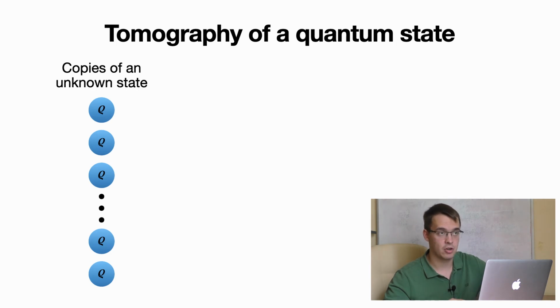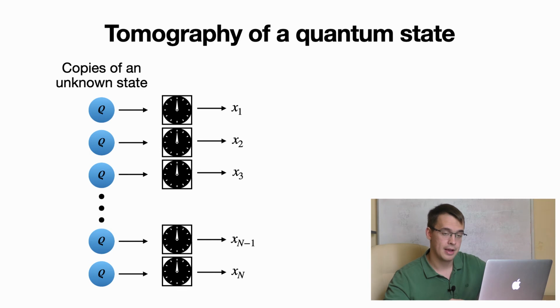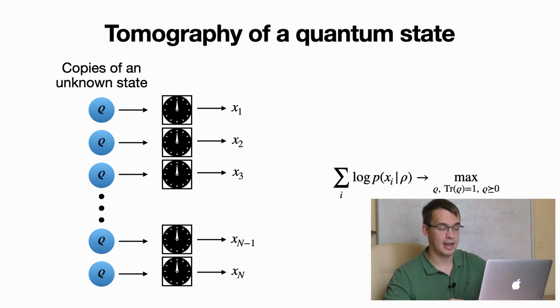We can prepare several copies of an unknown quantum state, then pass these copies through a measurement device and end up with results of measurements. Then we can use these results of measurements to reconstruct the unknown quantum state. For example, we can maximize logarithmic likelihood with respect to unknown density matrix. And unknown density matrix has standard constraints that can be satisfied by Riemannian optimization tools.